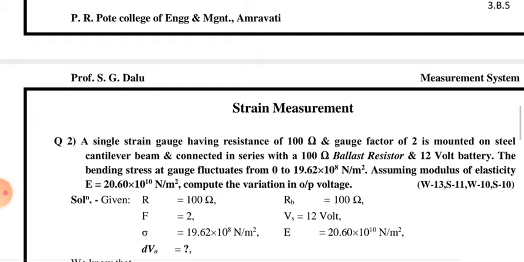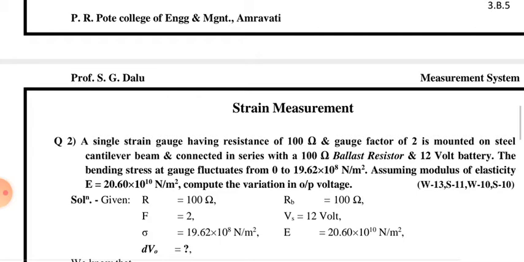The bending stress at the gauge fluctuates from 0 to 19.62 into 10 to the power 8 Newton per meter square, means stress is given, sigma. Assuming modulus of elasticity capital E equal to 20.6 into 10 to the power 10 Newton per meter square.